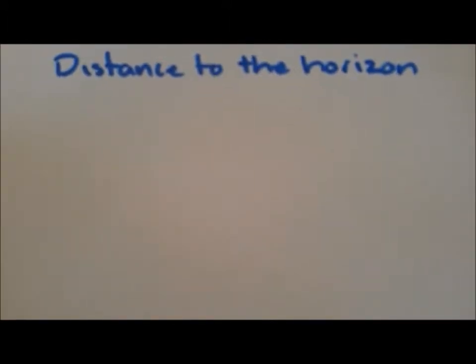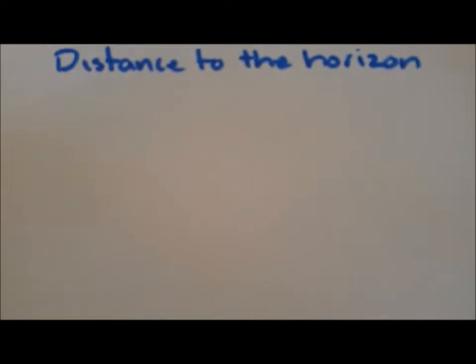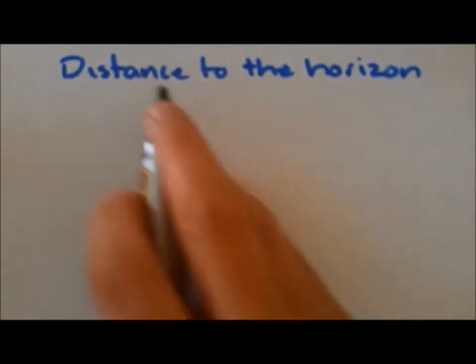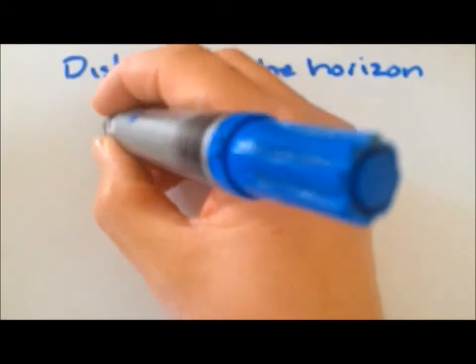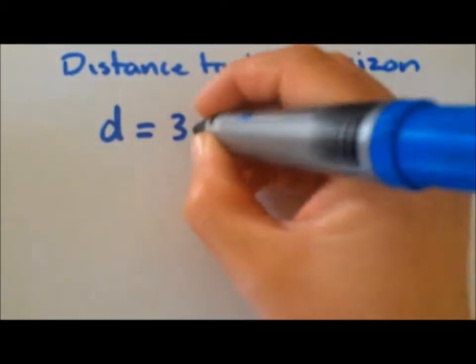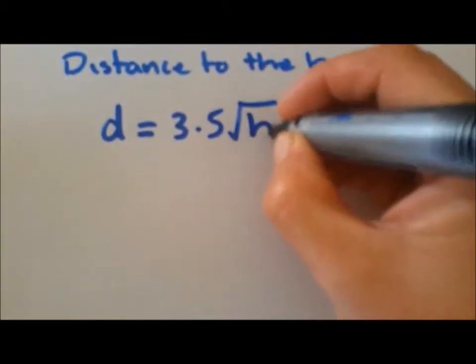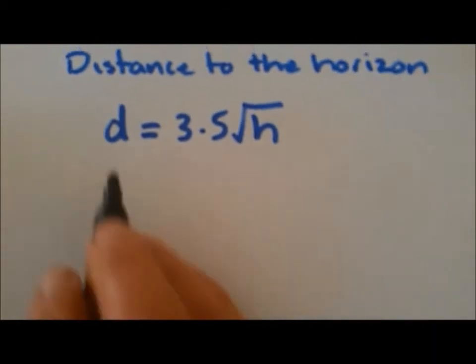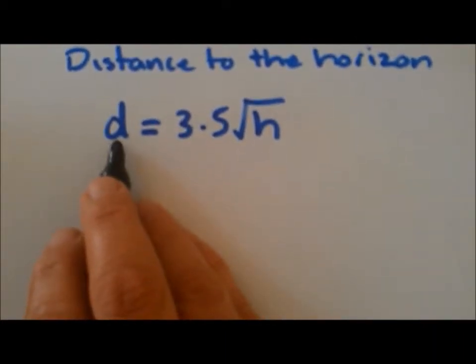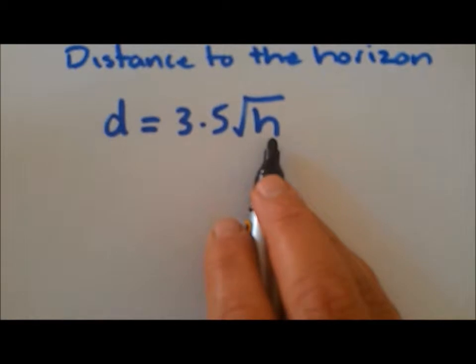So there's lots of different formulas. Another formula we have that relates heights is the distance to the horizon formula. One of these formulas is D is equal to 3.5 square root of H. And this formula will tell you how far the distance to the horizon is from a particular height.